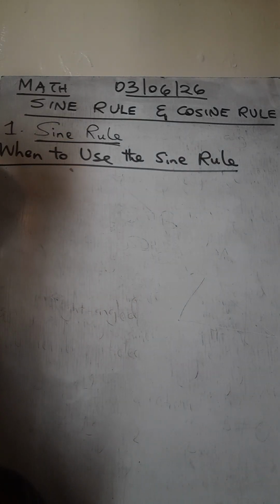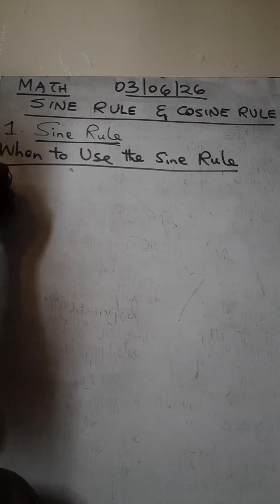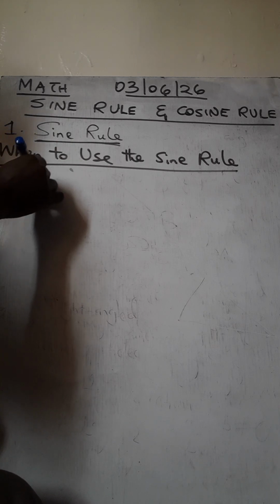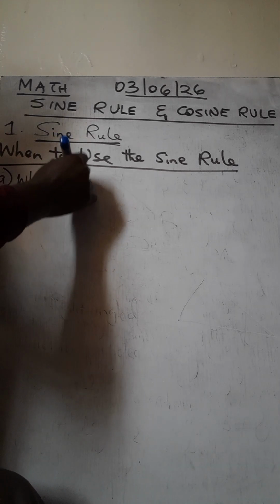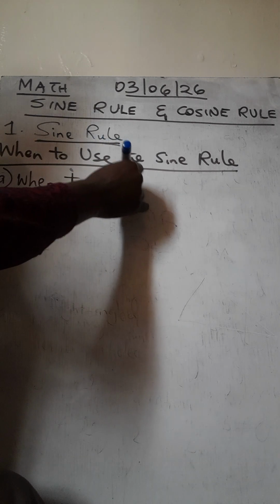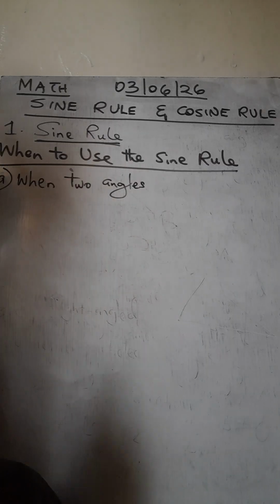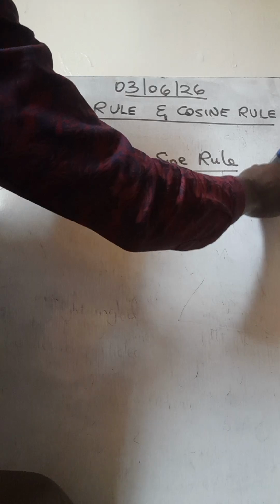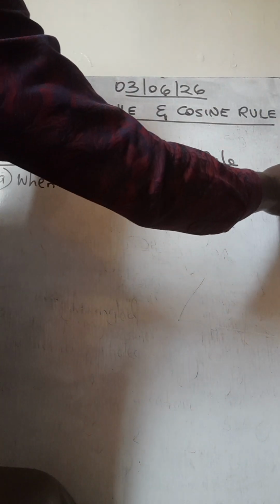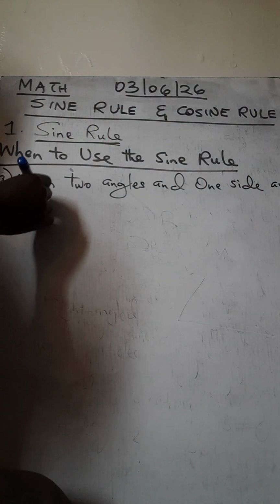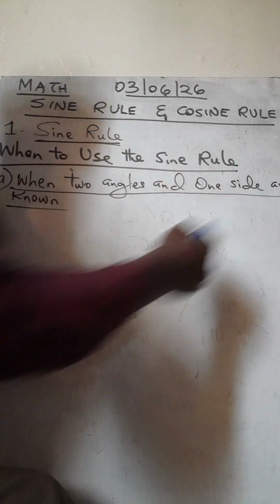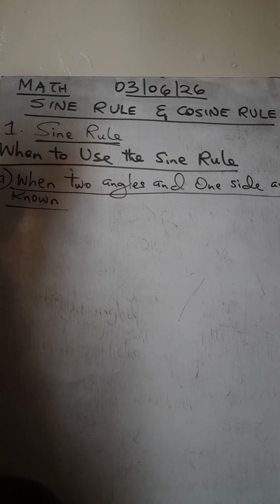The first scenario is when we use the sine rule when two angles and one side are known.